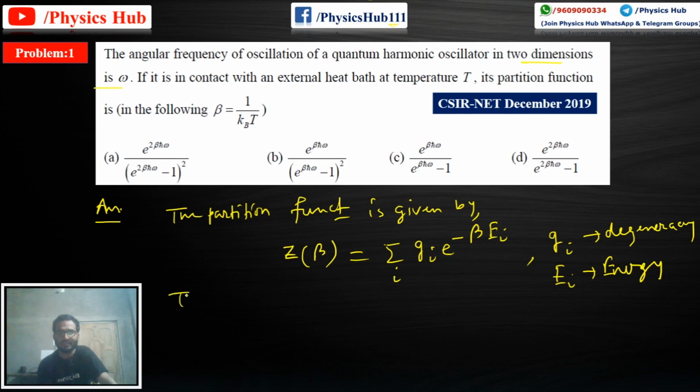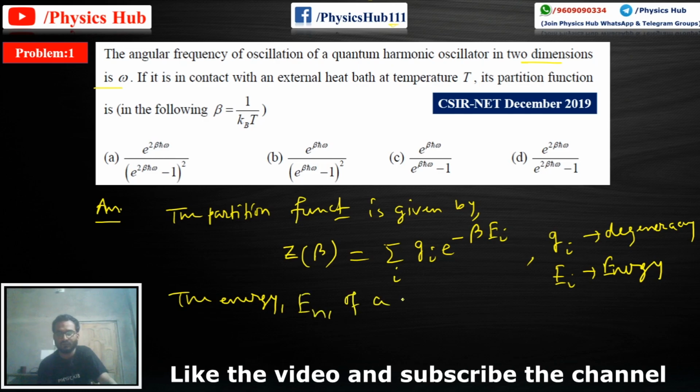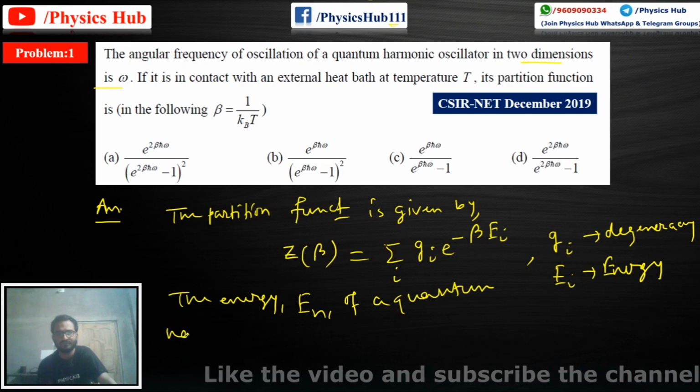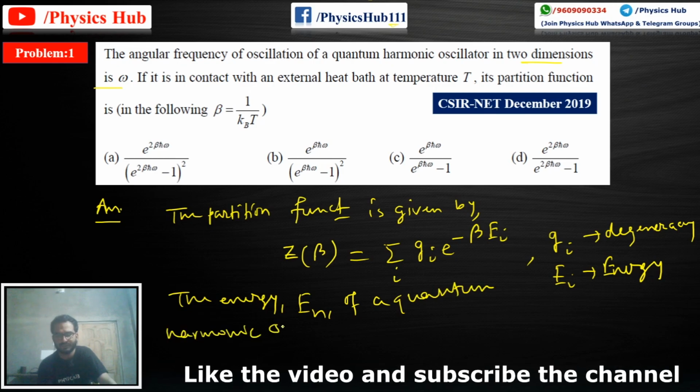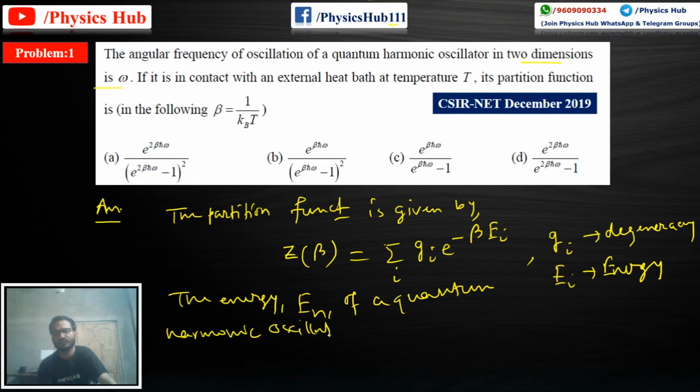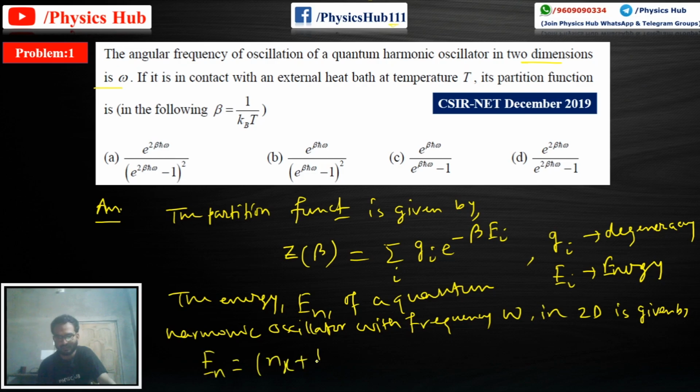Now the energy, let's say En, of a quantum harmonic oscillator with frequency omega in 2 dimensions is given by En equals nx plus half h cut omega for 1 dimension, plus ny plus half h cut omega for the other dimension.